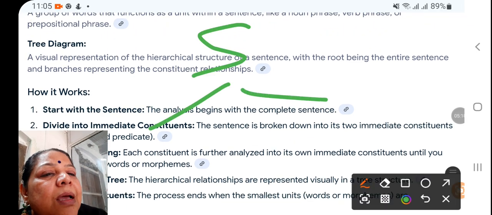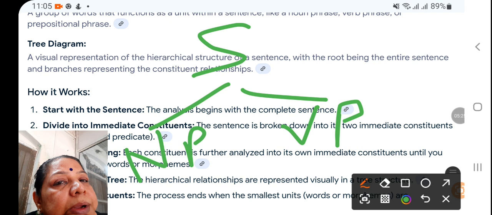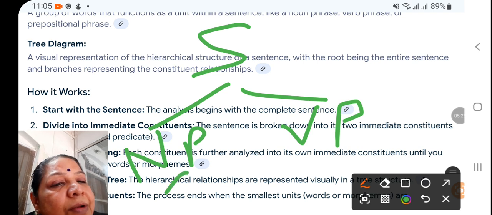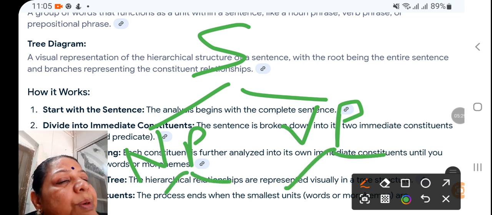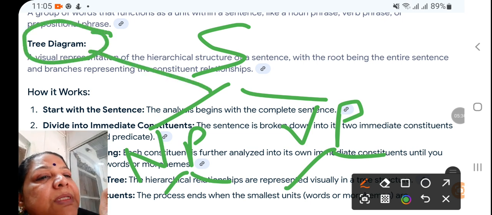And then noun phrase, then verb phrase. Then again phrases are divided into different constituents. This is called a tree diagram.